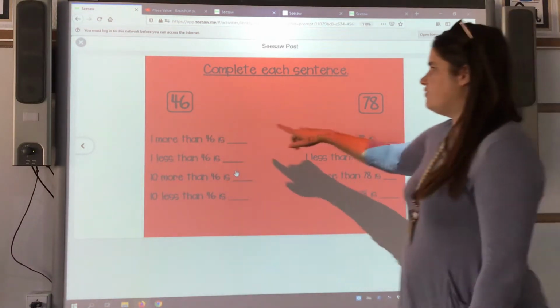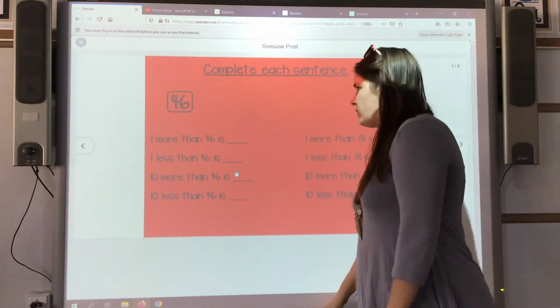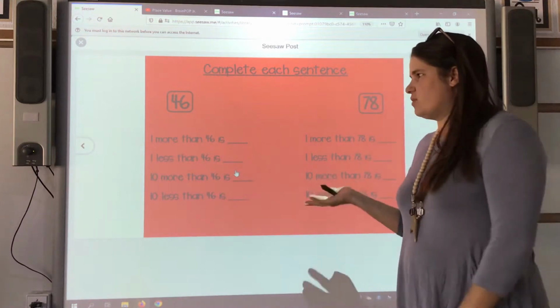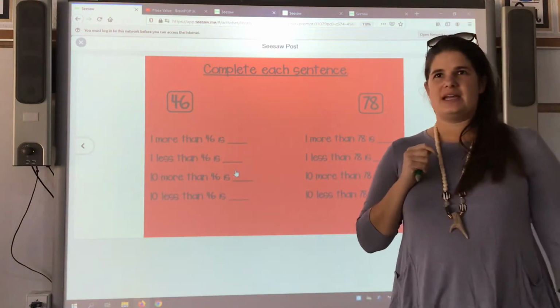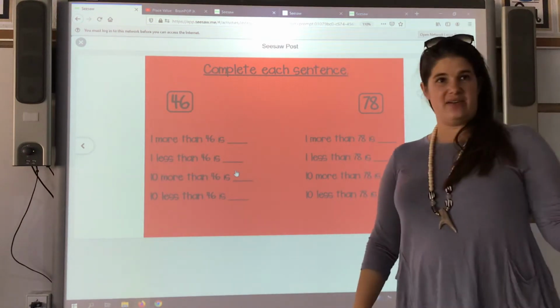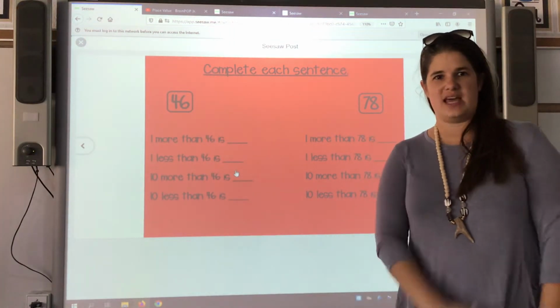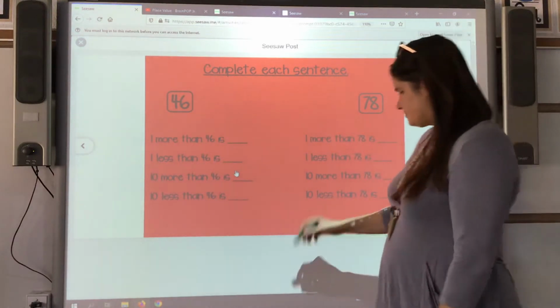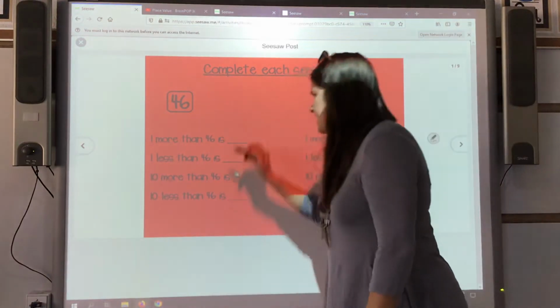Let's look at the number 46. When I think about the number 46, what number am I going to say that is one more than 46? When I count, I say 46 and then I say 47.